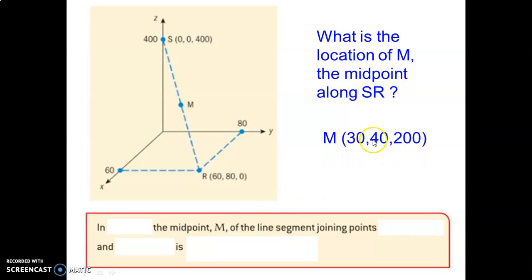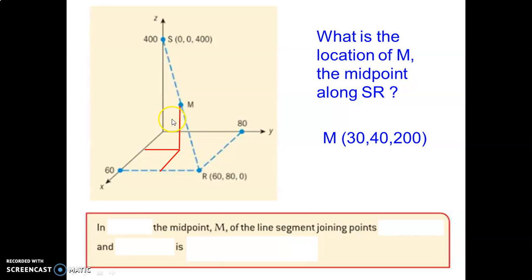So let's take a look. M was 30, 40, 200. Why? Because it's the midpoint along SR, and SR connects these two corners. To get to M here, we had to go halfway here, and halfway here, and then up to here.